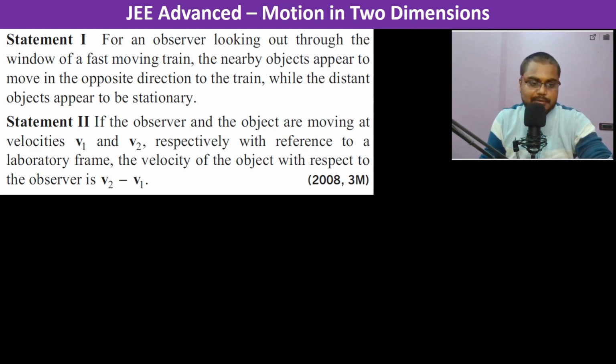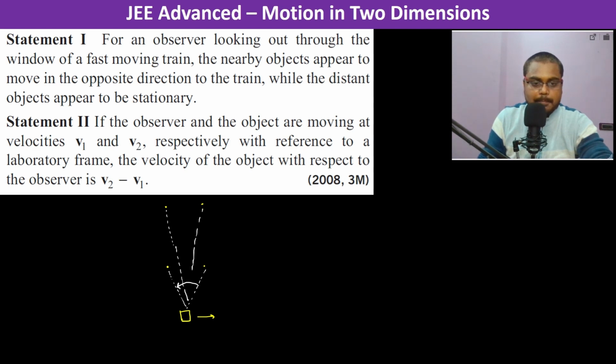Okay, like for example, this is a train moving, and this object comes here, whereas this object comes here.